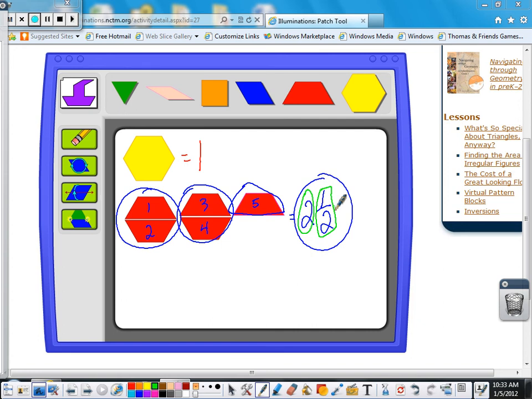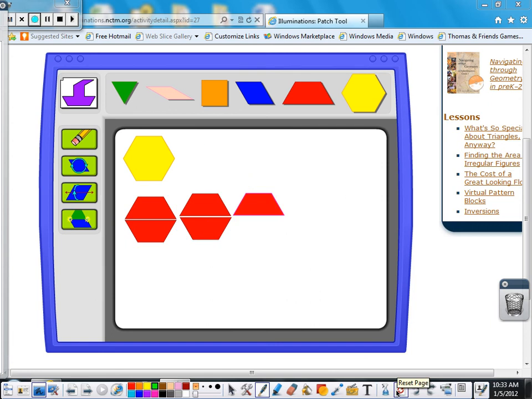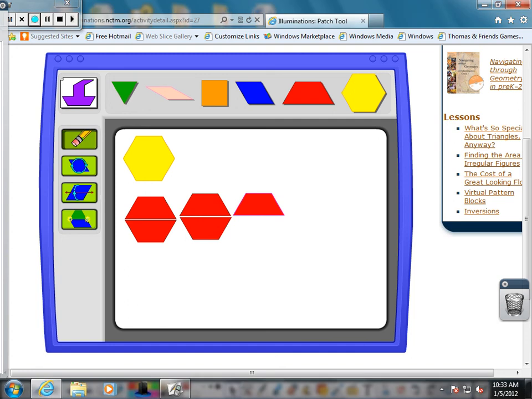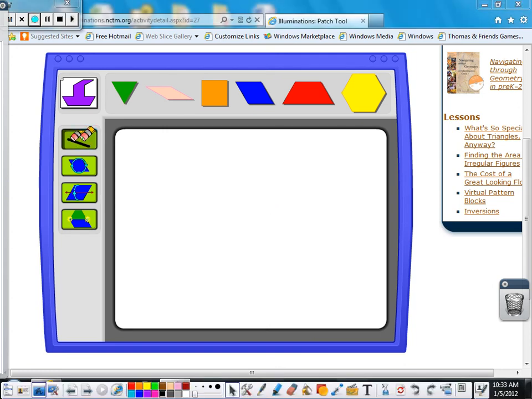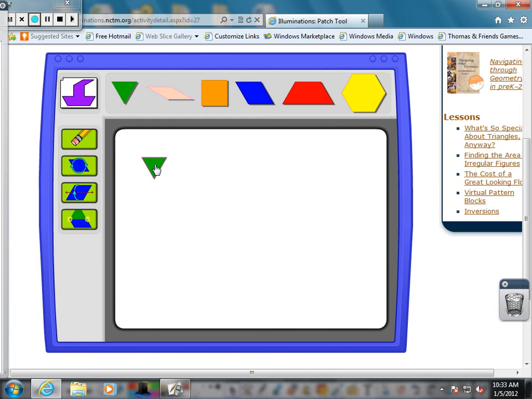Alrighty, so let's check and maybe do a couple of more examples here, and I can kind of go through these things and kind of get rid of some stuff for us. Now let's say that 1 triangle, so let me grab a triangle. There's my triangle.